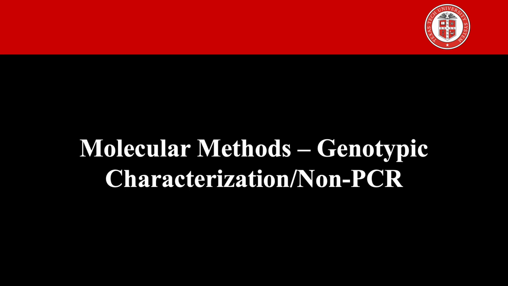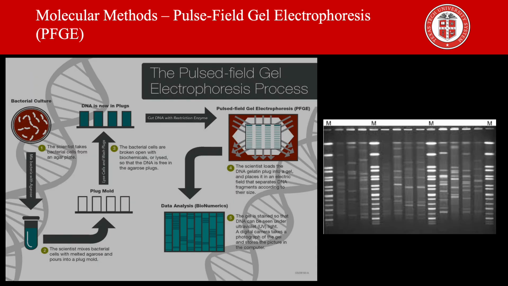So there are other methods used to identify microorganisms genotypically without the need of using a PCR step. One example is the pulsed field gel electrophoresis, also known as the PFGE. This is a laboratory technique used by scientists to produce a DNA fingerprint for a bacterial isolate.